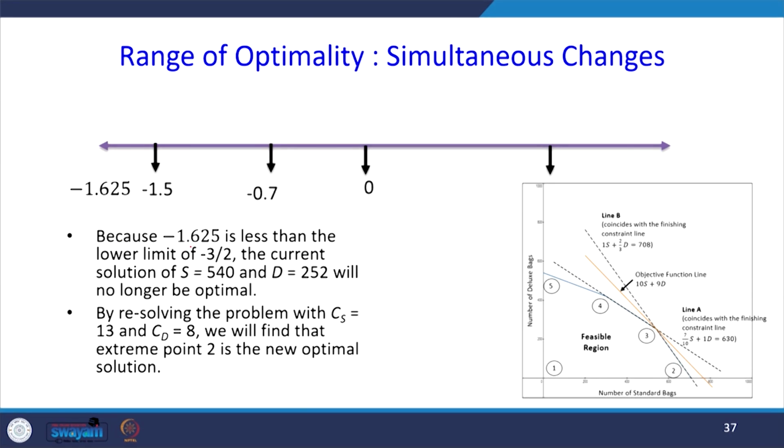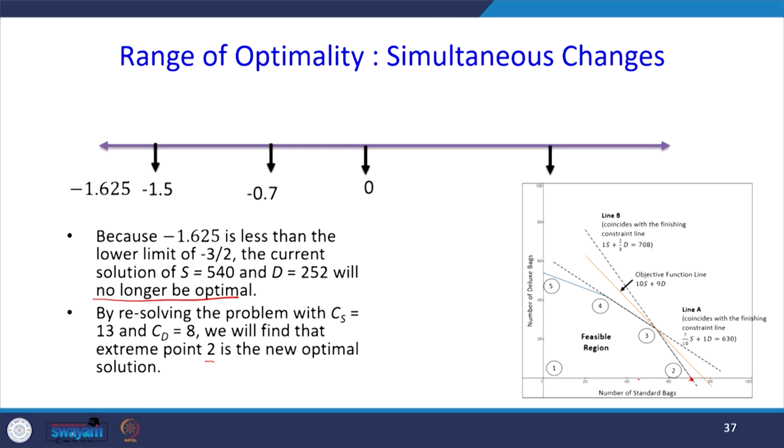Because minus 1.625 is less than the lower limit of minus 3 by 2, the current solution S equal to 540 and D equal to 252 will no longer be optimal. By resolving the problem with CS equal to 13 and CD equal to 8, we will find that extreme point 2 is the new optimal solution.